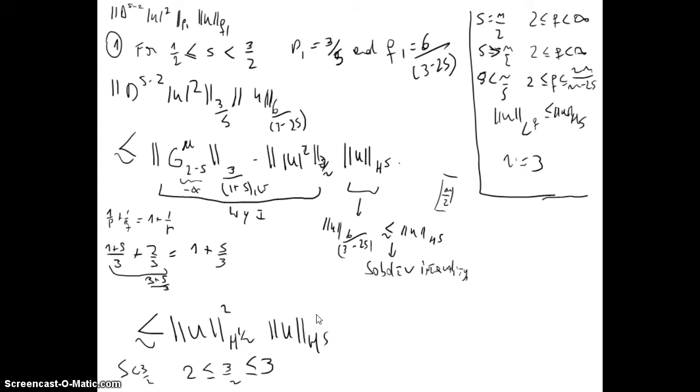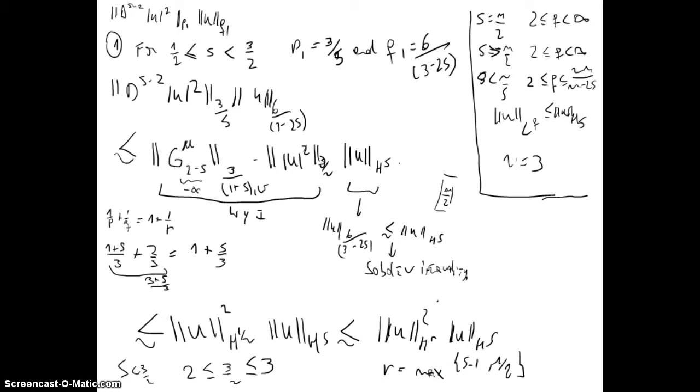So to finish this bound, we will say that this is less than or equal to a constant times the norm of u squared in H^r times the norm of u in H^s, where r will be the maximum of s minus 1 and 1 half. We will see that this r will be useful also for the other case, and then when we join both cases, this will make a lot more sense.